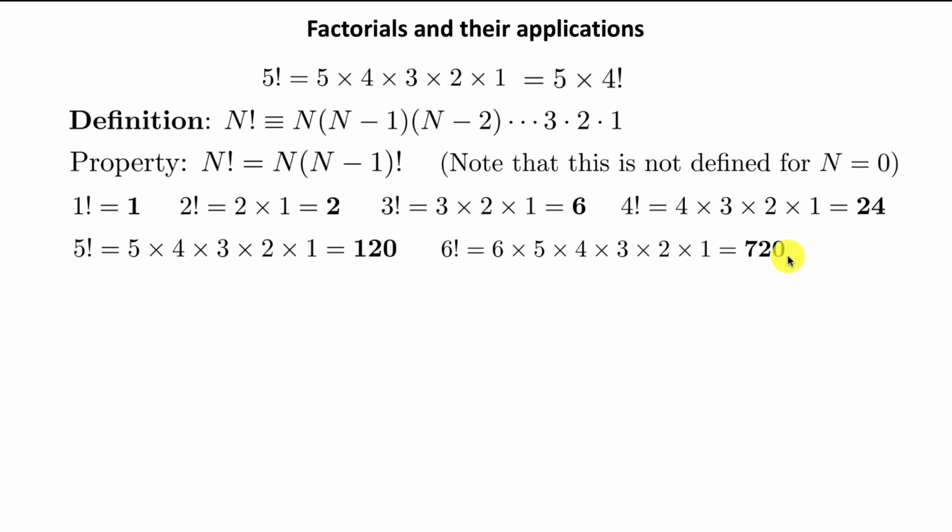You can see how rapidly this is growing from 1 to 2 to 6 to 24 to 120 to 720, and if we go to 15 factorial, that's a huge, huge number. If we go to a large enough n, something like 1,000 or more, there'll be so many digits that no computer in the world will be able to hold them.